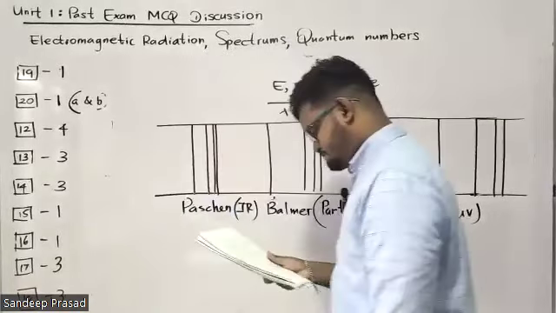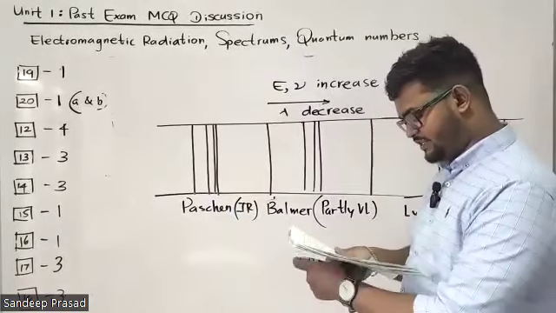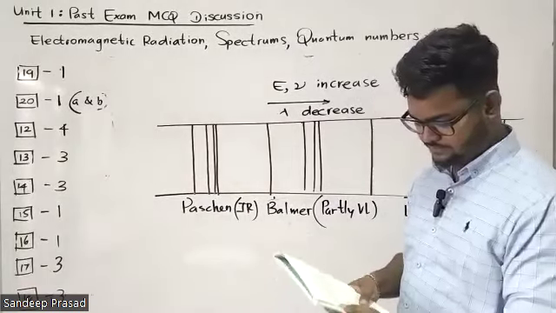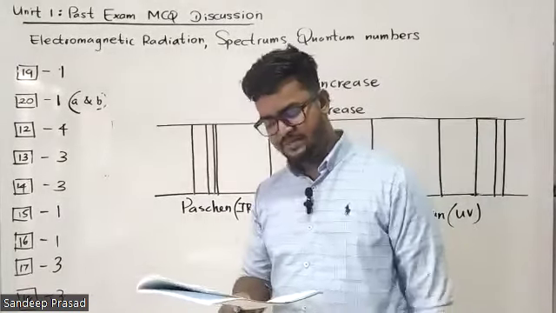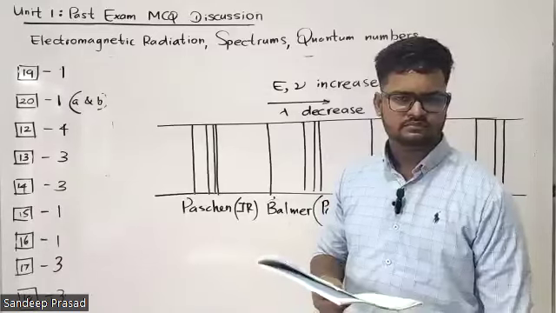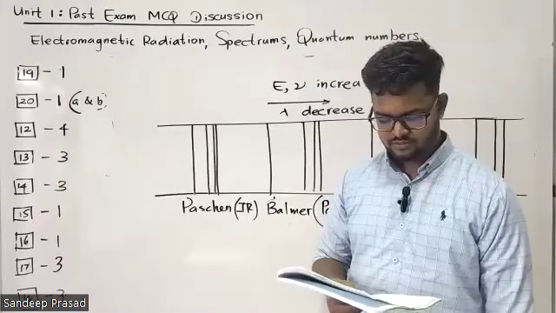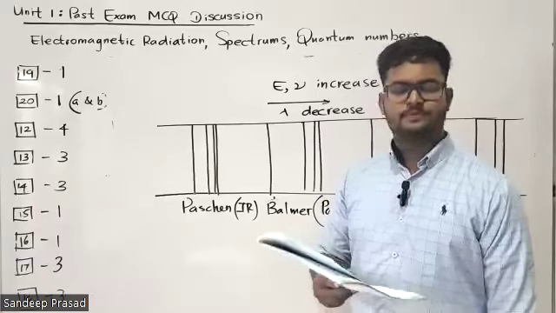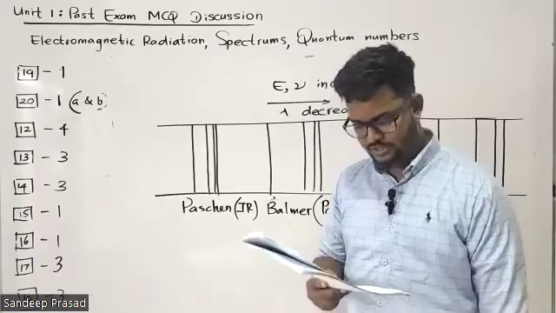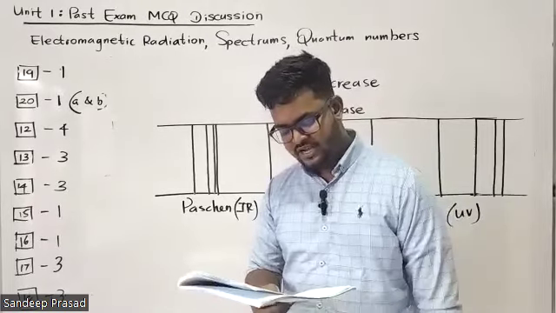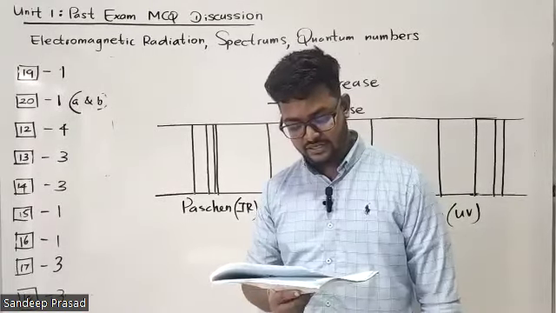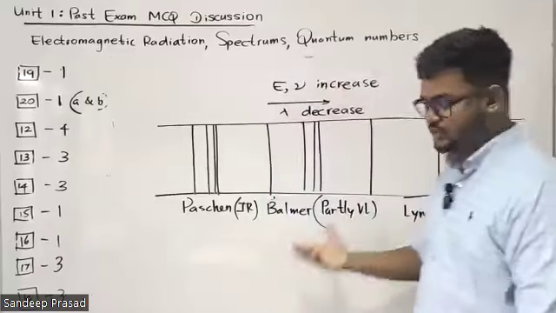Question number 20. Which one of the following statements pertaining to atomic spectra is false? Atomic spectra can be studied as emission spectra. Right? So that's correct. Atomic spectra can be studied as absorption spectra. That is also correct. The spectral lines of an atomic spectrum occur as several clearly distinguishable series of lines.